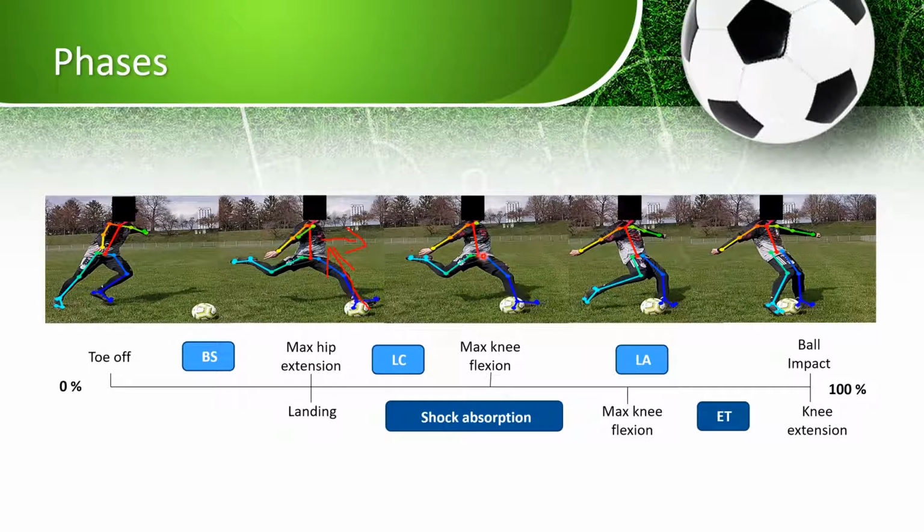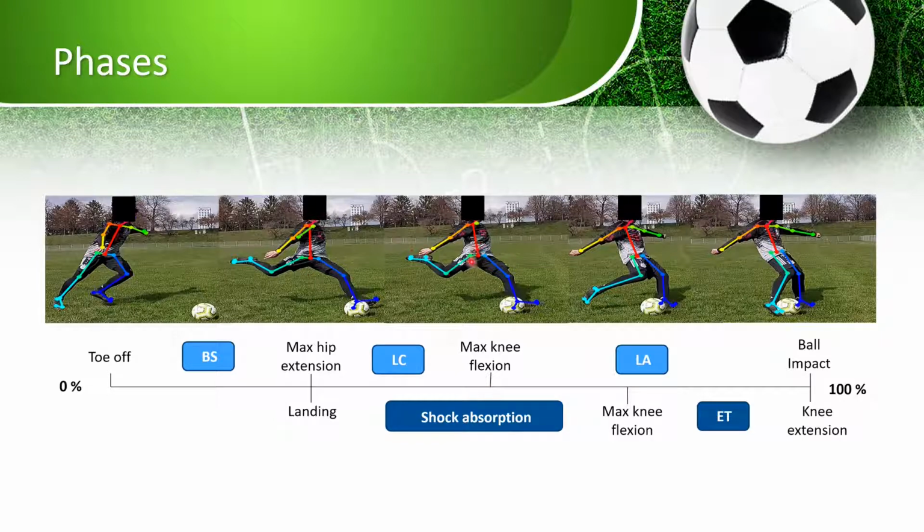Then you have to flex your knee and actually your hip as well, then your body is stable. Otherwise, your body is unstable, then you probably miss the kick. The most important part of the kick is the ball impact here. So anyway, you absorb the shock after landing.